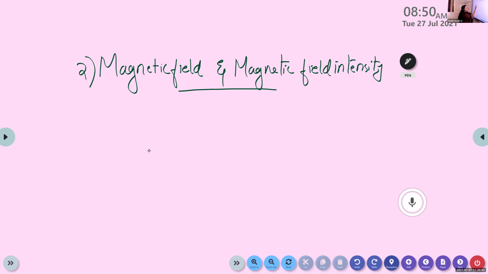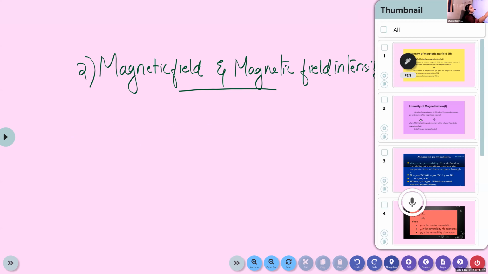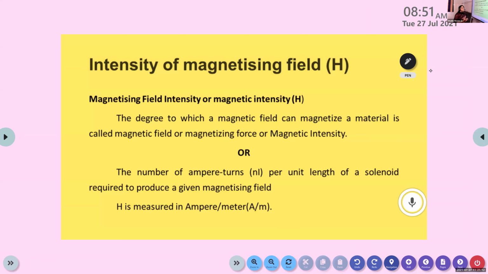Now we are going to discuss what we mean by magnetic field intensity, or simply magnetic intensity.